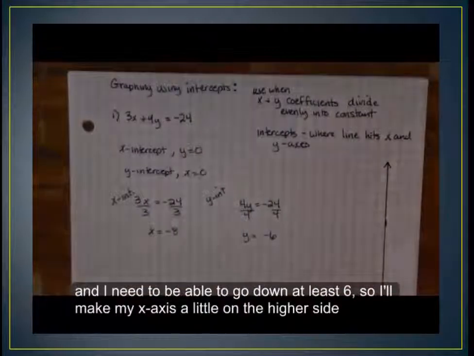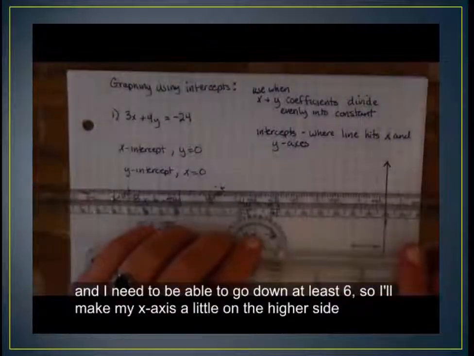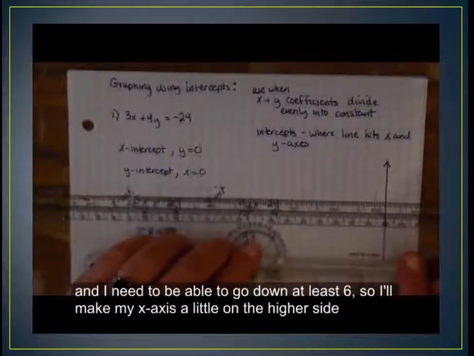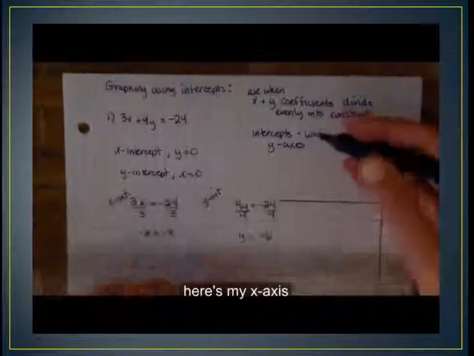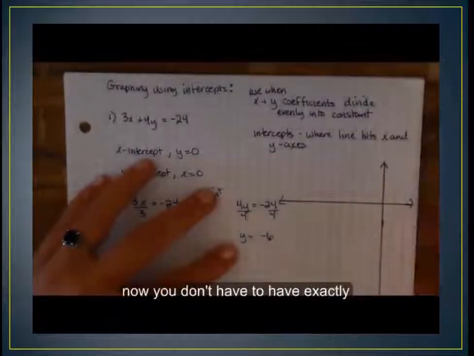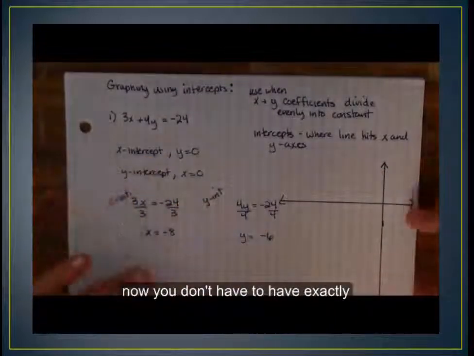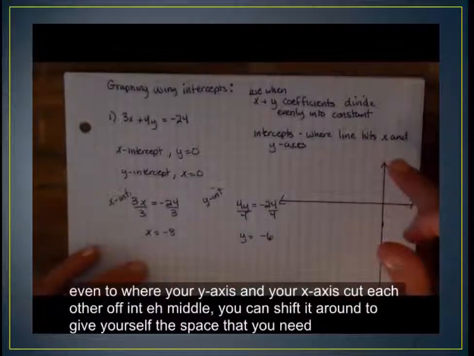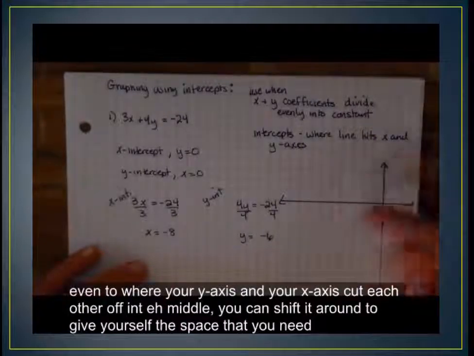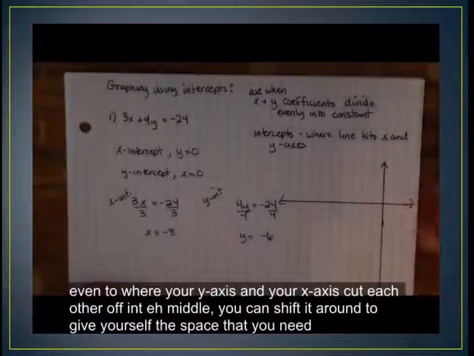And I need to be able to go down at least 6, so I'll make my x-axis a little on the higher side. Here's my x-axis. Now you don't have to have exactly even to where your y-axis and your x-axis cut each other off in the middle. You can shift it around to give yourself the space that you need.